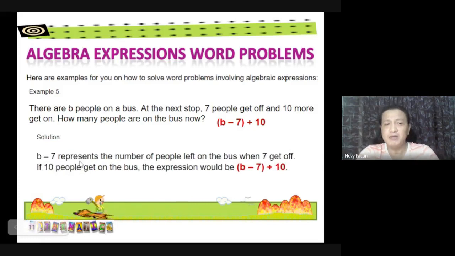Because B minus 7 represents the number of people left; these are the ones who got off. Then, after B minus 7, there are people who got on, that is 10, so we add that. If 10 people get on the bus, the expression would be (B minus 7) plus 10.